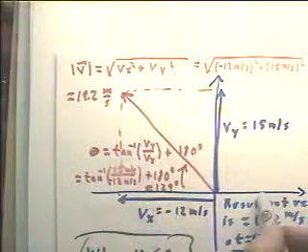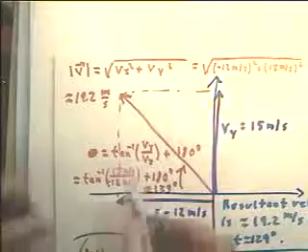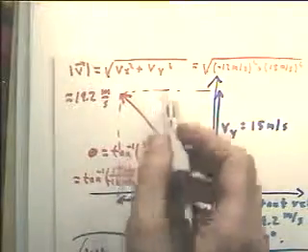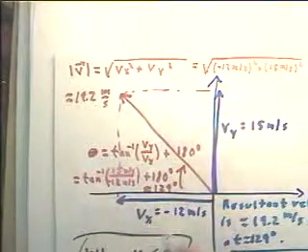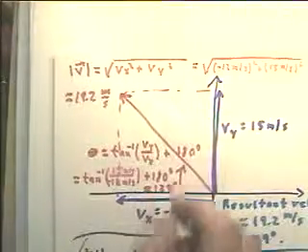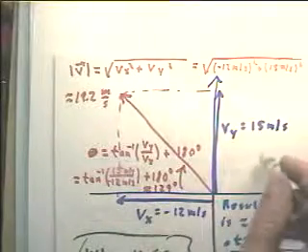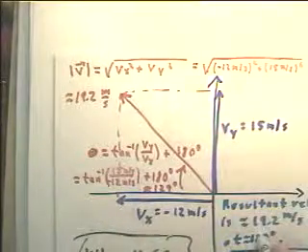From the positive x-axis, negative 90 degrees is down here, positive 90 degrees is up here. The inverse tangent will never give you an angle in the second or third quadrant. It always gives you an angle in the first or the fourth quadrant.